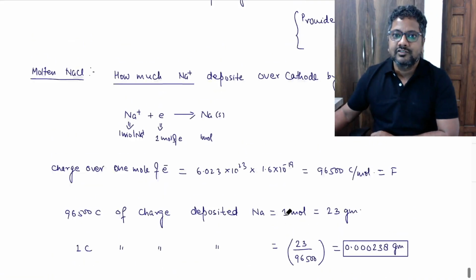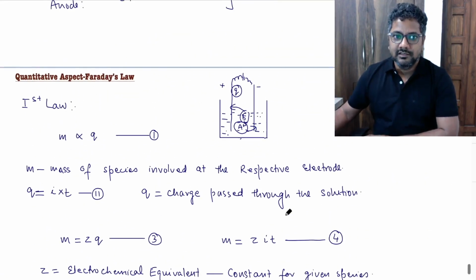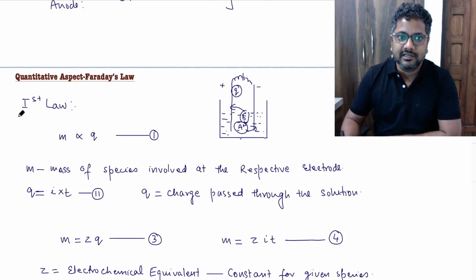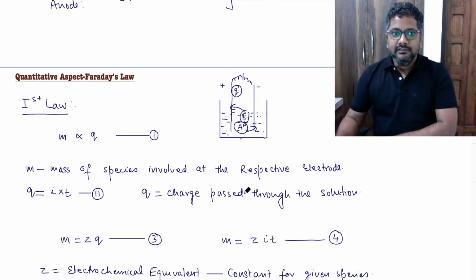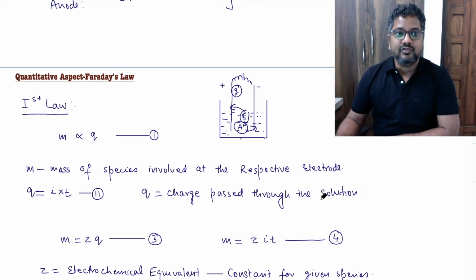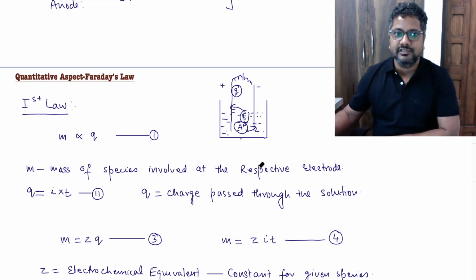So this is the first law of Faraday. What is the first law? The mass of any species on the respective electrode is directly proportional to the charge passed through the solution, right?